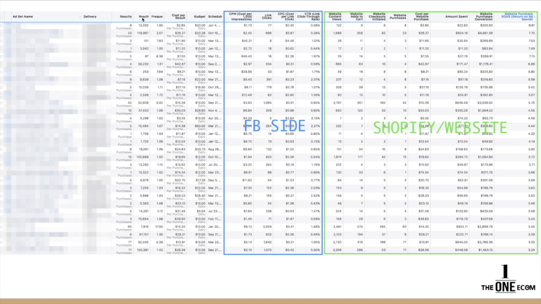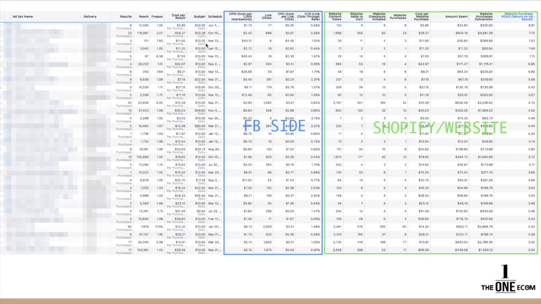Reach is how many people your ad has reached. The frequency is the number of times that people have seen your ads. And the cost per result, we won't talk about that now because we cover it in the cost per website purchase. It should be the same because the result that we want is purchase.